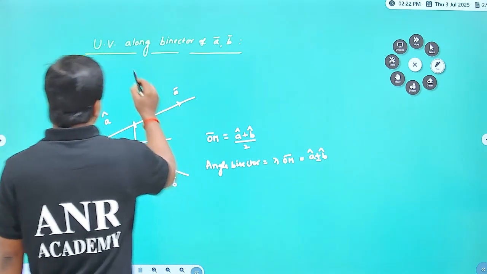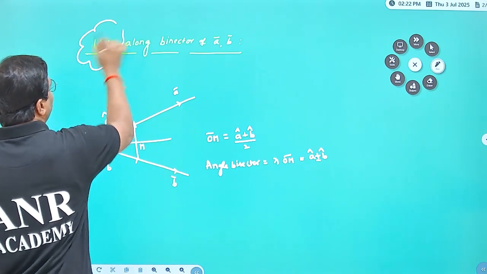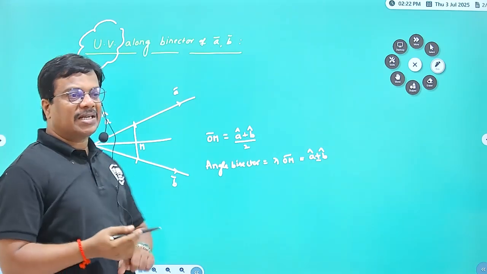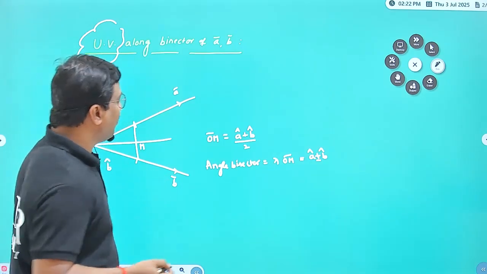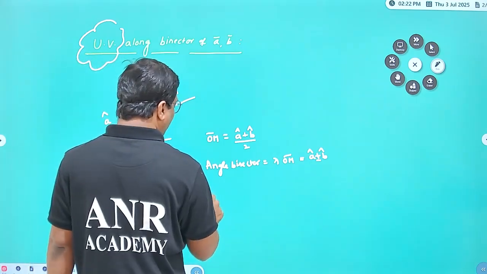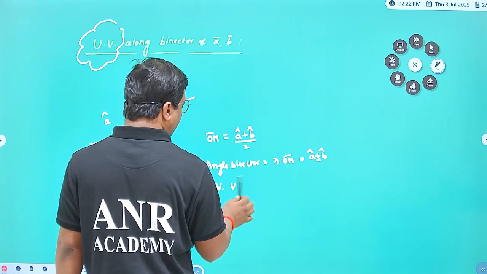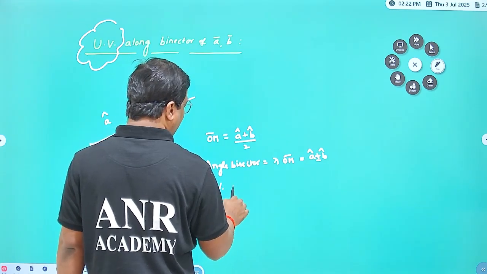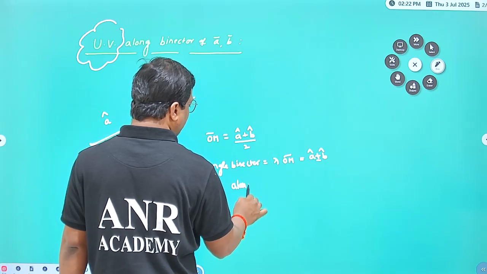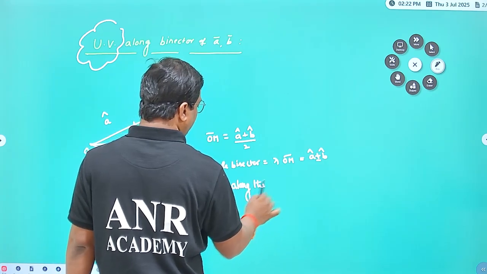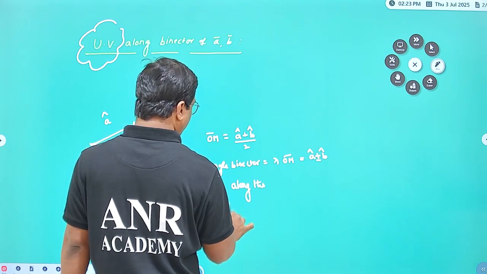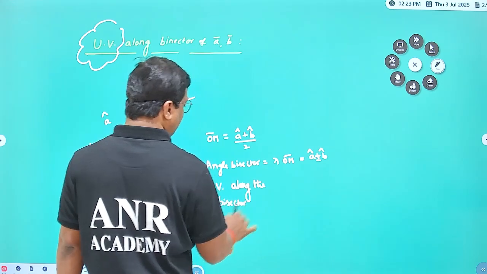But here the requirement is the unit vector along the bisector of both a bar and b bar. So now I am going to find the unit vector. It is along the bisector, right?